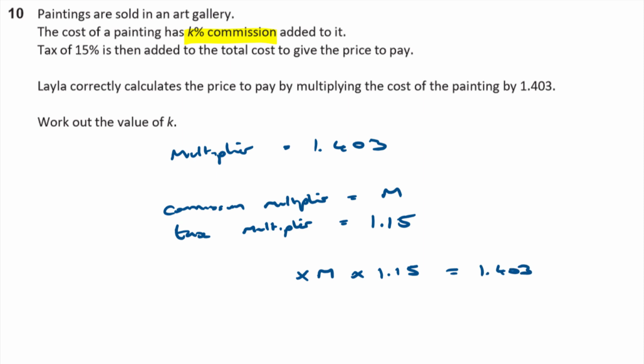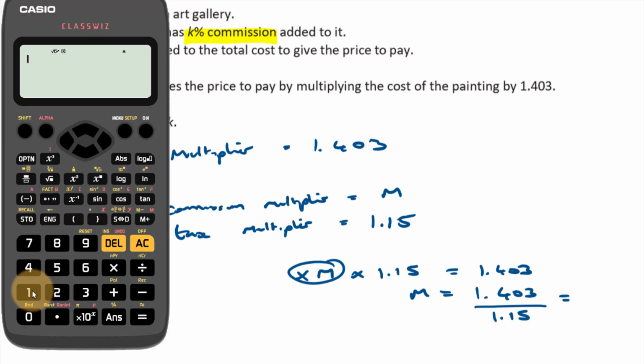Okay, so in other words, if I want to find my multiplier here, I'm going to divide both sides by 1.15 then, aren't I? So then M, my commission multiplier, is going to be 1.403 divided by 1.15.